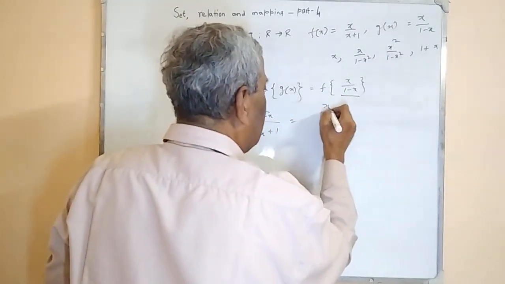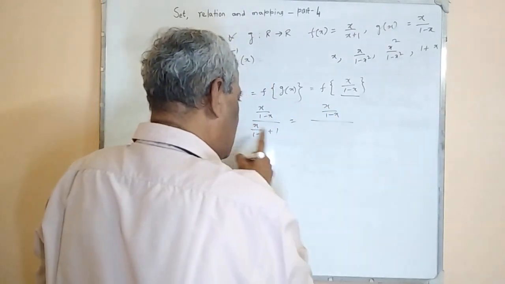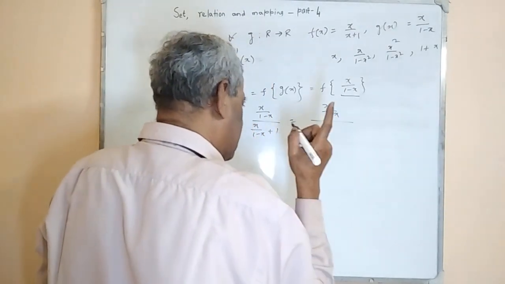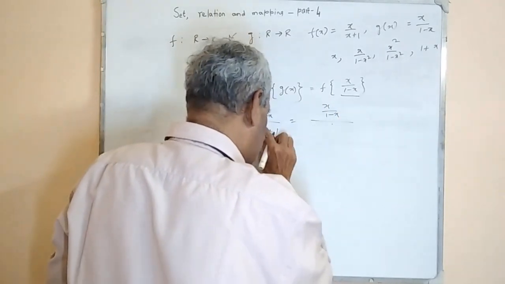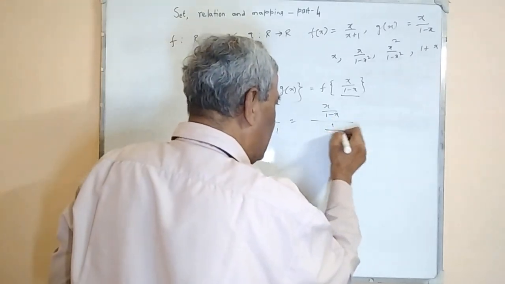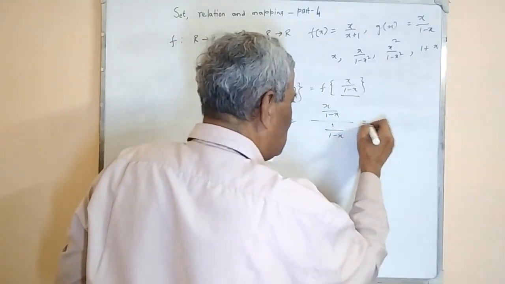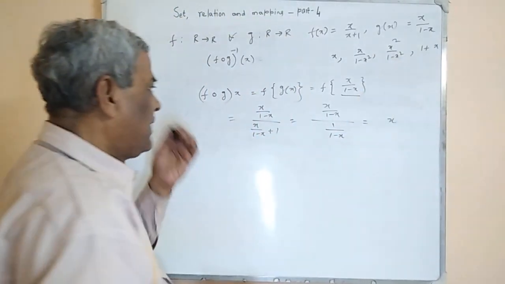The denominator, simplify first the denominator. It is x plus 1 minus x. Cancel, so only 1 out of x plus 1 minus x. So 1 by 1 minus x. So 1 minus x cancels, so it is simply x.